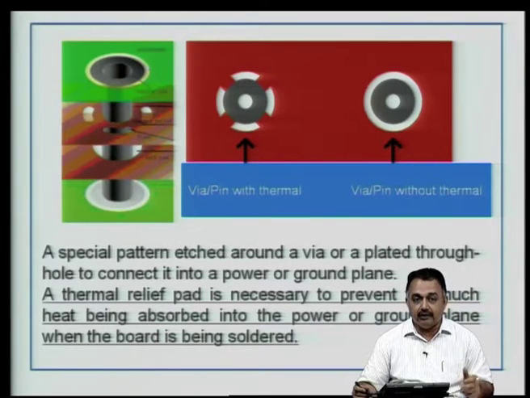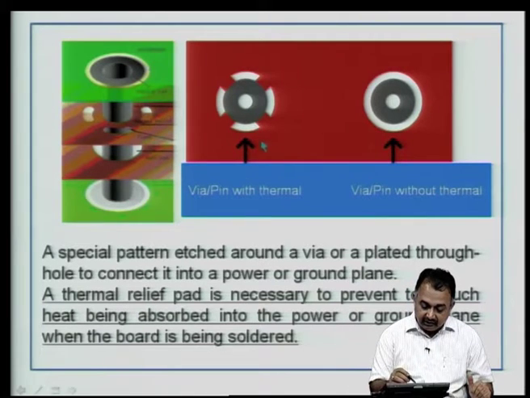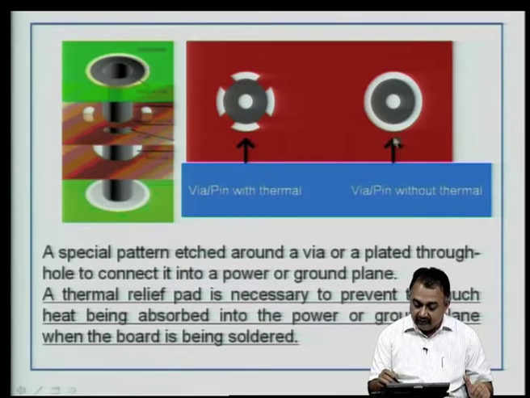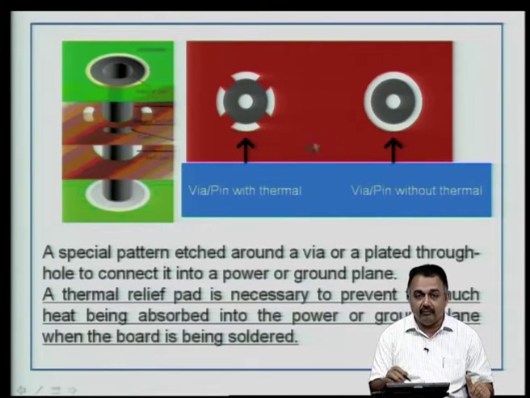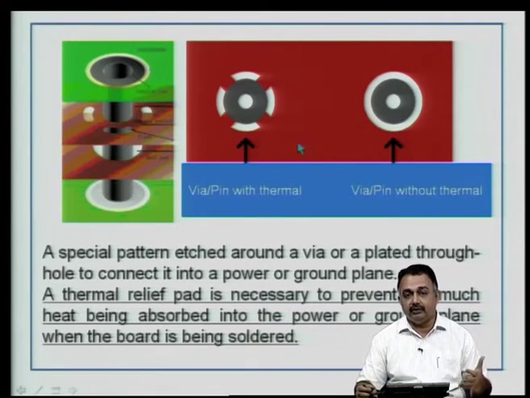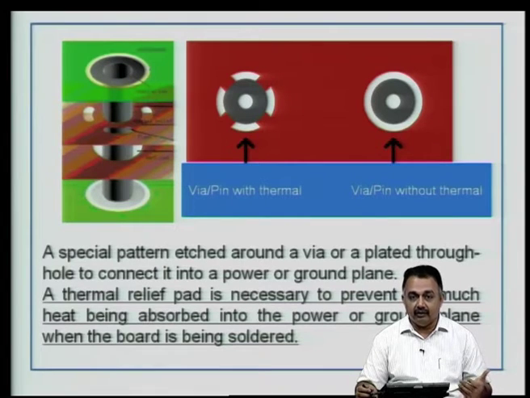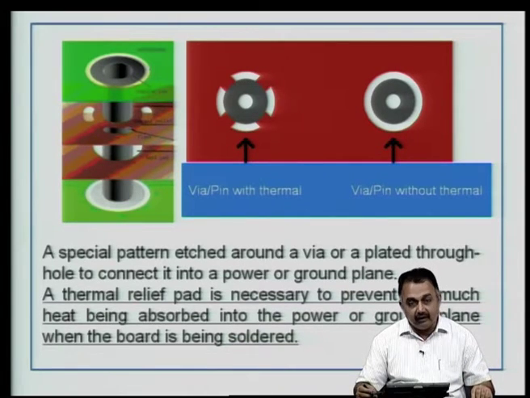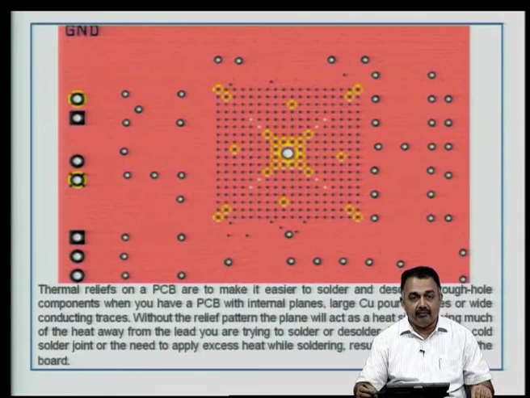You do not want to spend too much time on your soldering process. This is the picture that shows a via or a pin with thermal relief, and this is without thermal relief. So, now you will be able to get an idea when to use a thermal relief pad and when not to use a thermal relief pad, and also when to use an anti-pad structure.